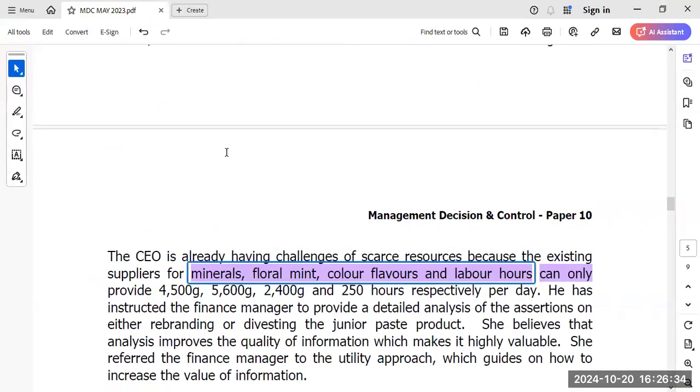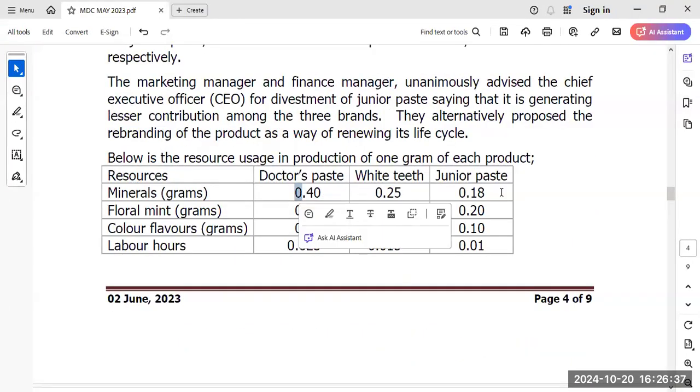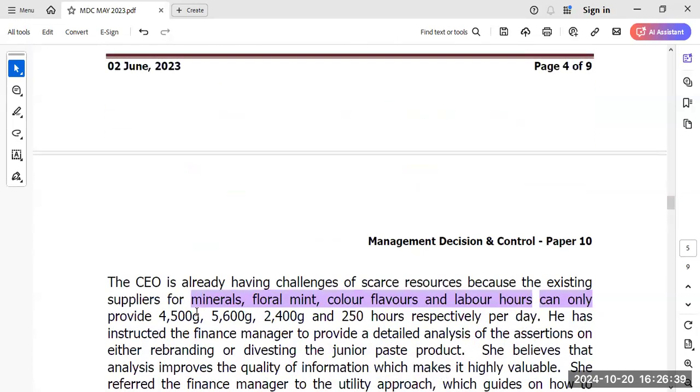Yes, minerals. Remember, we are adding this plus this plus this, but less or equal to minerals. It is corresponding to this because there is the word respectively. So you must follow the order.